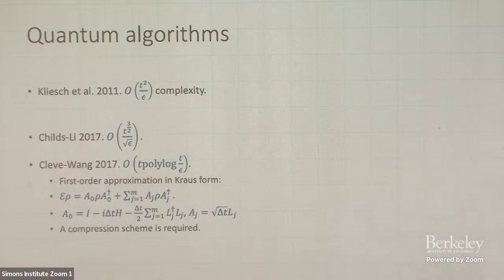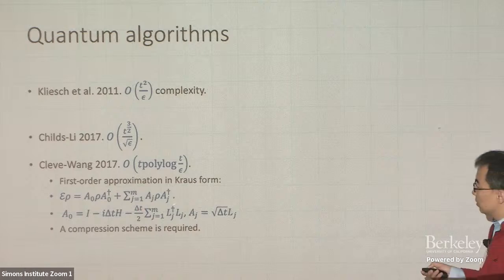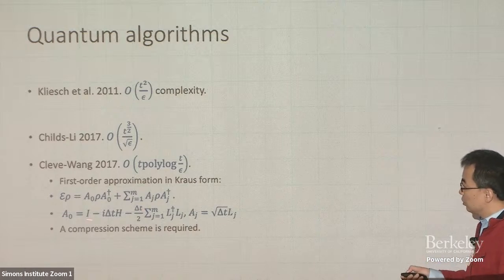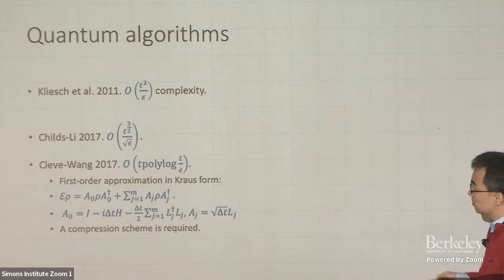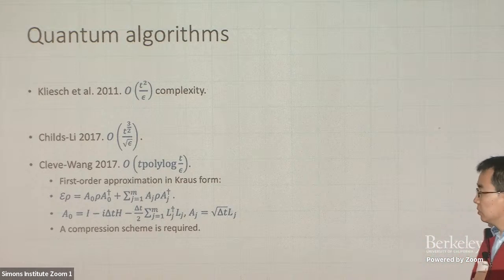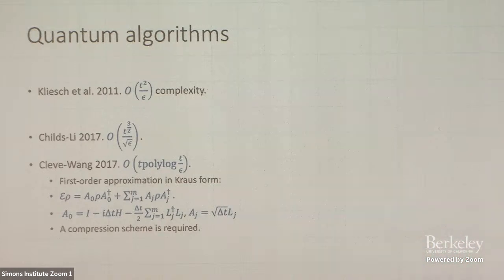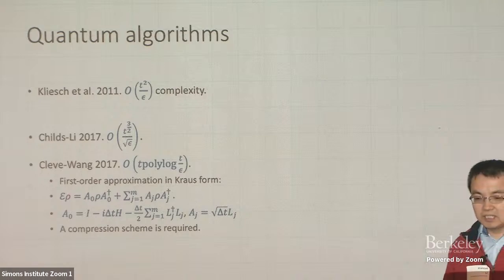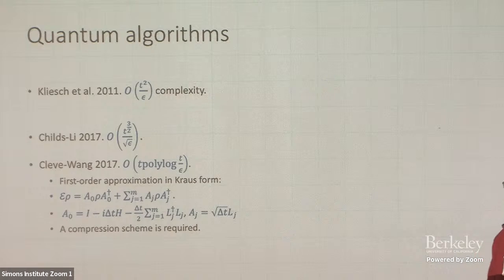I think Chunhao also mentioned something along this line yesterday, that this method is only first order. To ensure that the accuracy is within epsilon, you have to use fairly small step sizes, meaning you have to use many, many steps to get to a certain point. In the end, if you repeatedly apply this Kraus operator, you end up with many, many terms, so you need a compression scheme to single out the ones that are important.